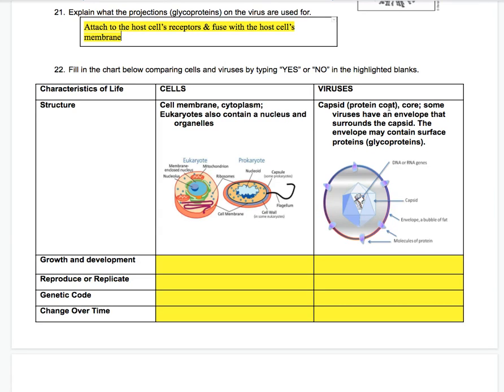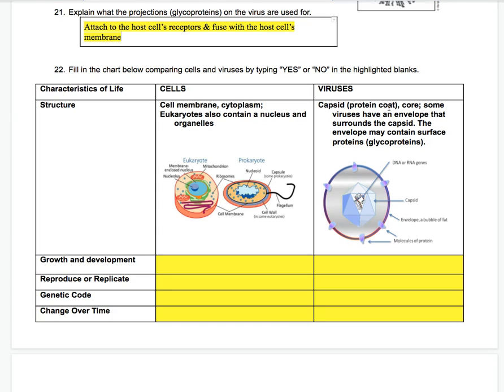Viruses have a capsid, which is a protein coat. Some viruses have an envelope that surrounds the capsid, and the envelope may contain the surface proteins, or the glycoproteins, that are going to help bind to the cell to inject its viral DNA or RNA. So remember, in order to be considered living, you need all 8 characteristics of life.